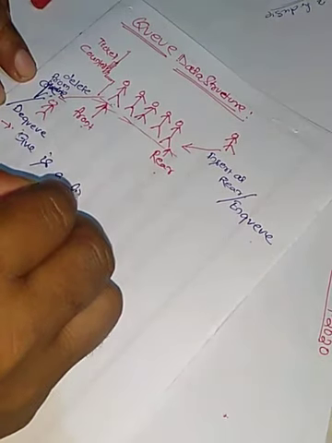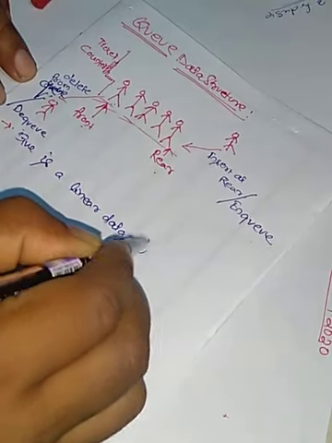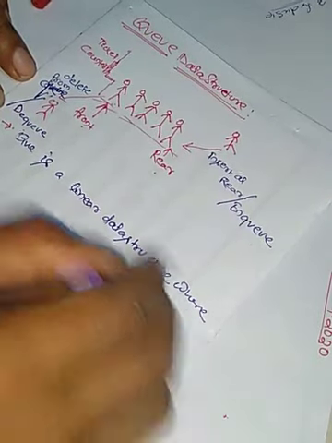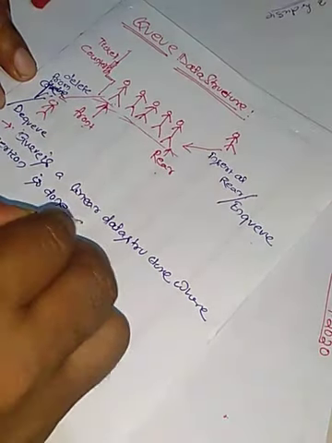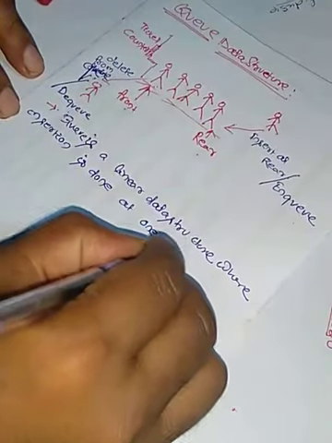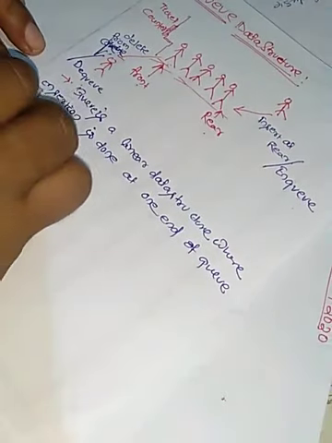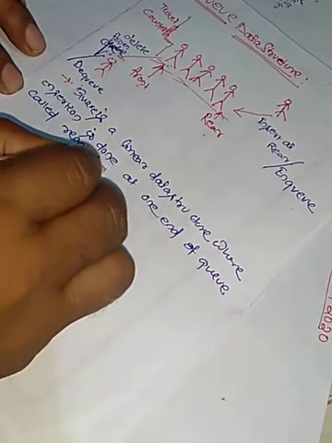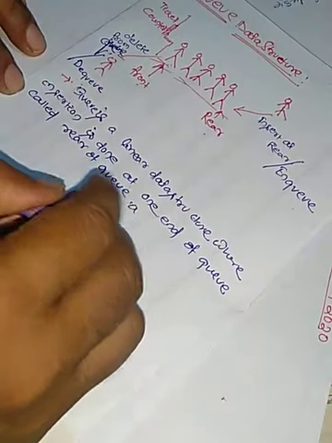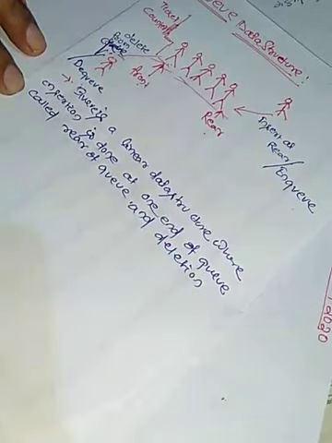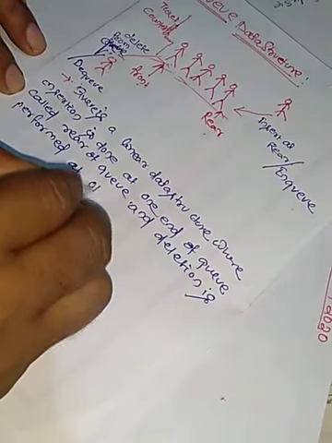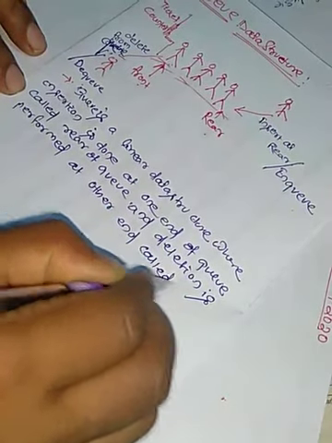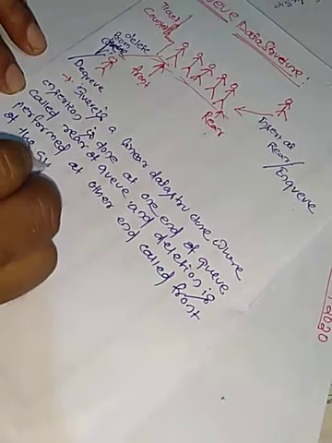So we will define: queue is a linear data structure where insertion is done at one end of the queue called the rear of the queue, and deletion is performed at the other end called the front of the queue.